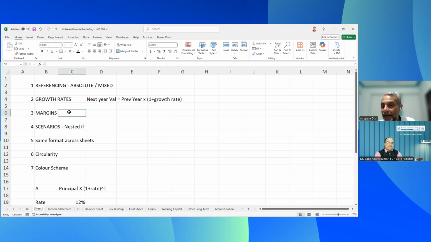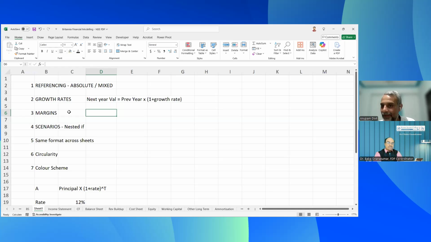Then another frequent thing that we are going to use is margins, right? Let's say we want to calculate capital expenditure as a percentage of sales, right? So we will be dividing one value by the sales. Whatever the metric that you are using, we will divide it by one value for that specific year, right?